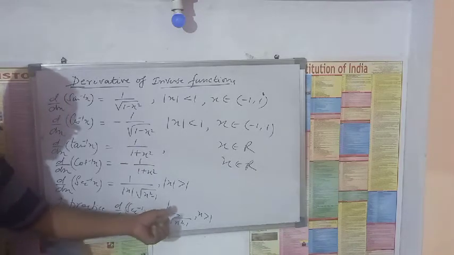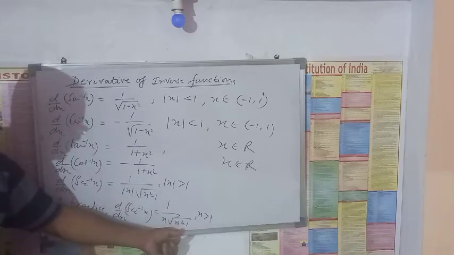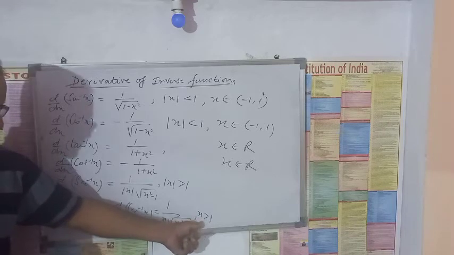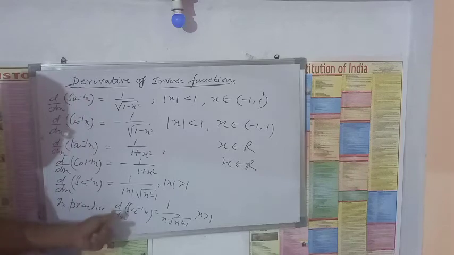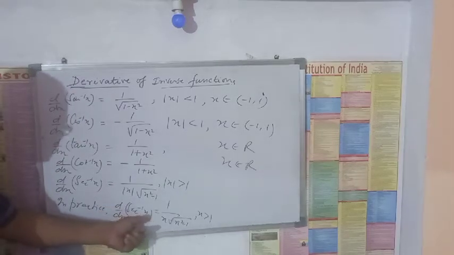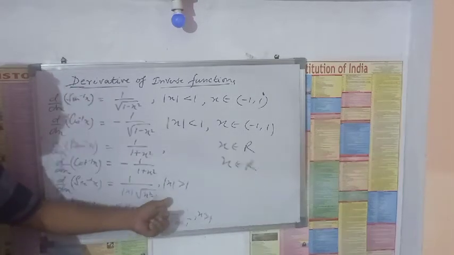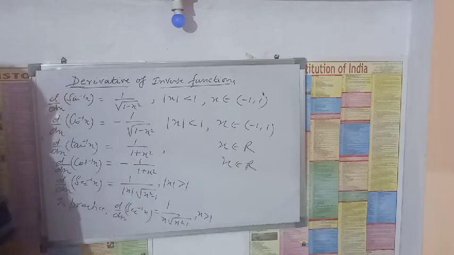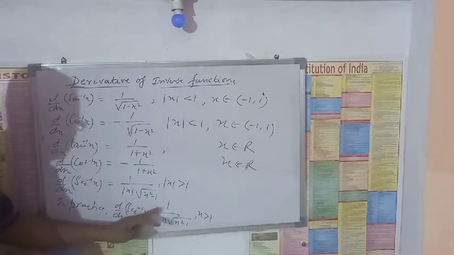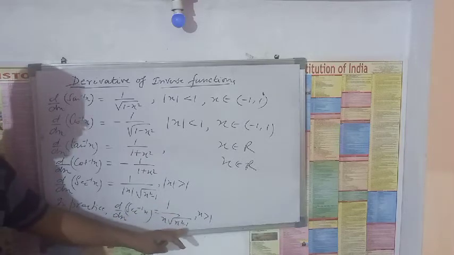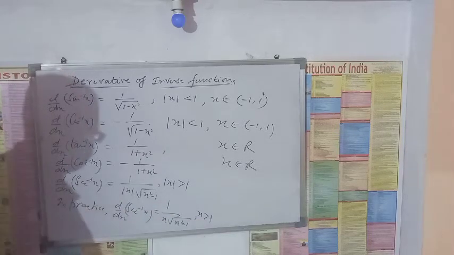The derivative of sec inverse x is 1 upon x under root x square minus 1. It is understood here that x is greater than 1. And when we write d by dx of cosec inverse x, we have to put a minus sign: minus 1 upon x under root x square minus 1, x greater than 1.